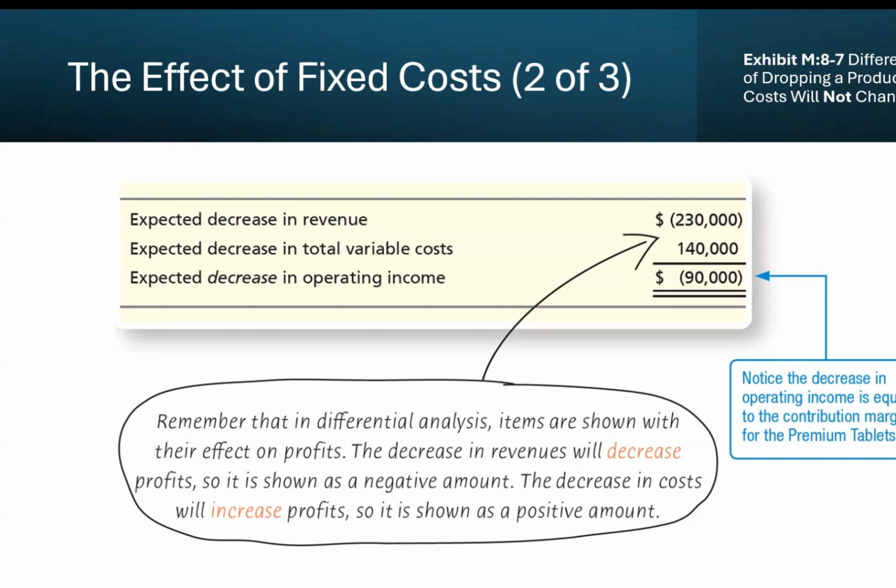Therefore, only the contribution margin from the premium tablets is relevant. If Smart Touch Learning drops the premium tablets, it will lose the $90,000 contribution margin.